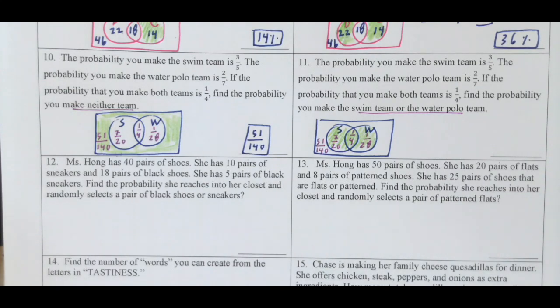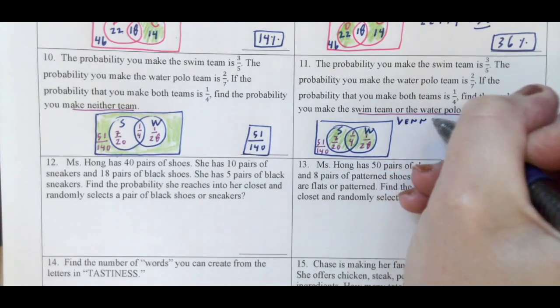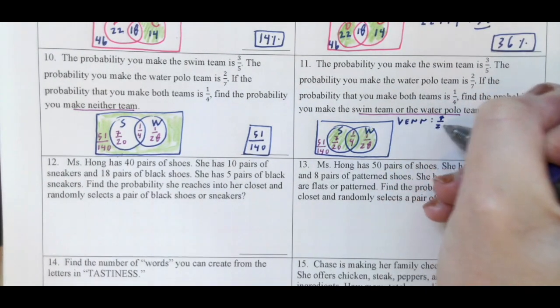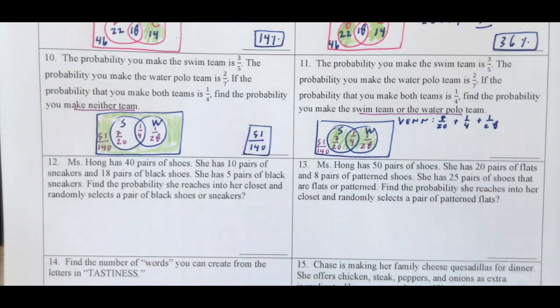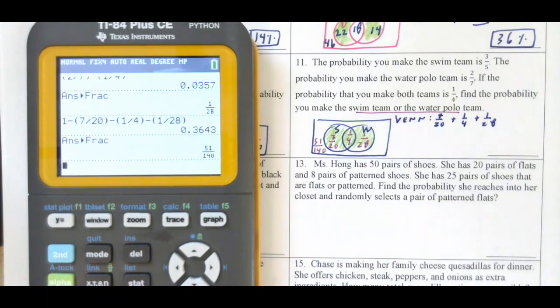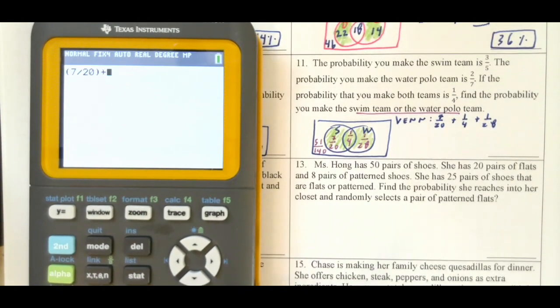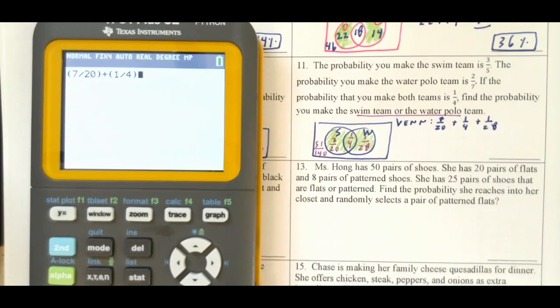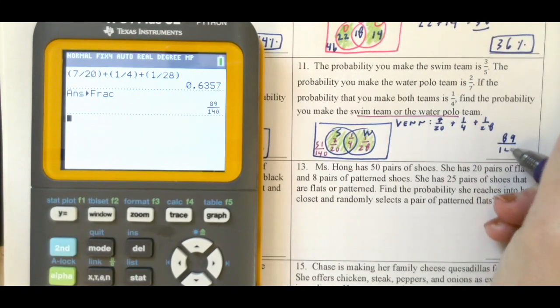So with the Venn diagram, I just have to add up 7 out of 20, 1 out of 4, 1 out of 28. Okay, 7 out of 20 plus 1 out of 4 plus 1 out of 28. Okay, make it a fraction. So we get 89 out of the 140.